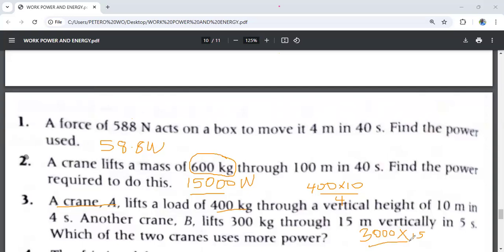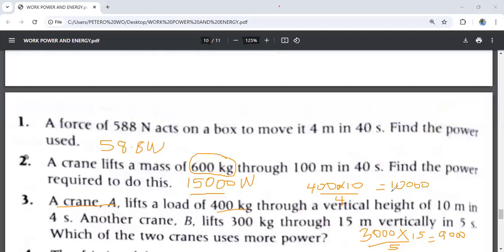And when we divide by 5 seconds, we get 9,000, whereas for the first one we get 10,000.